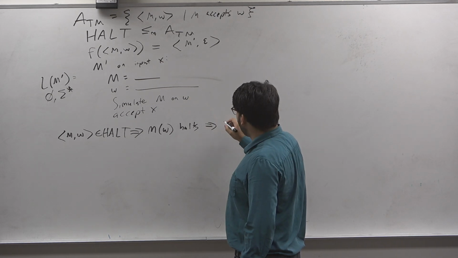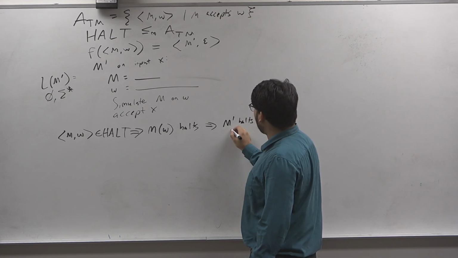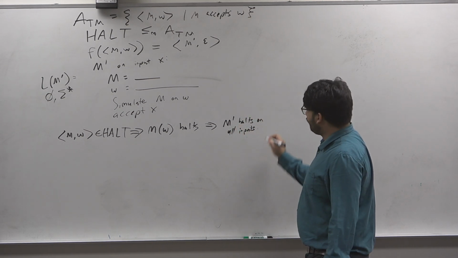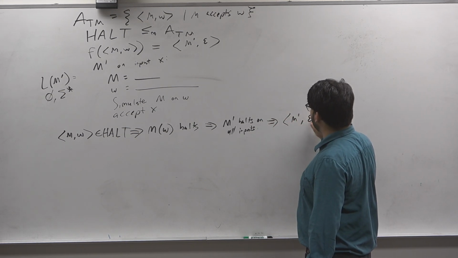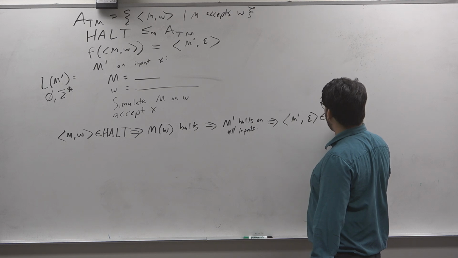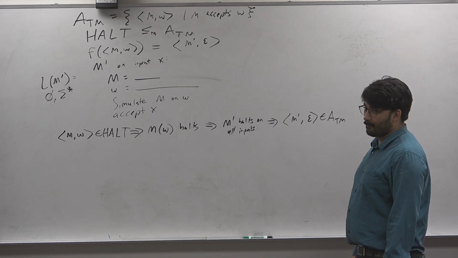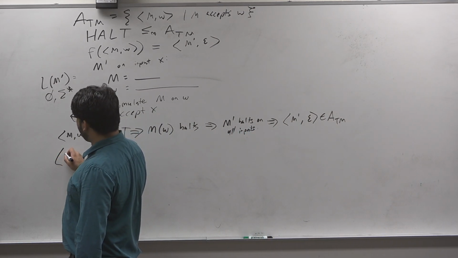So we know that M prime halts on all inputs. So then we know that M prime comma empty string is an element of ATM. Agree?